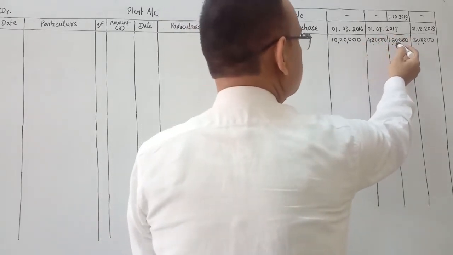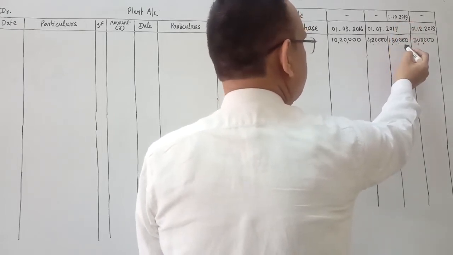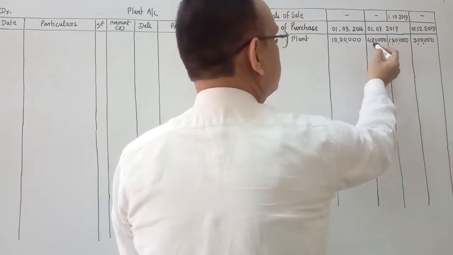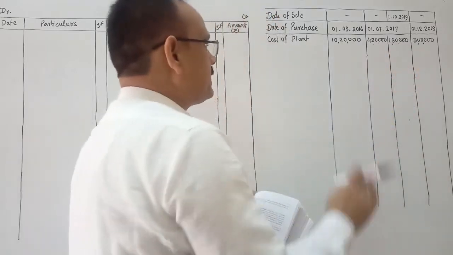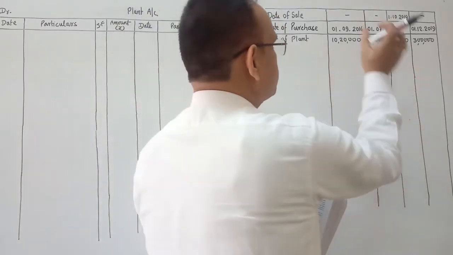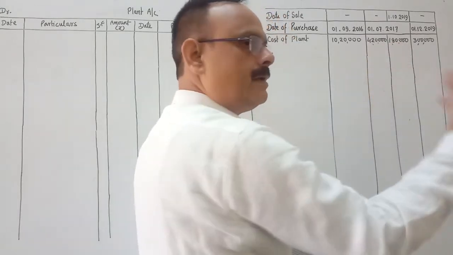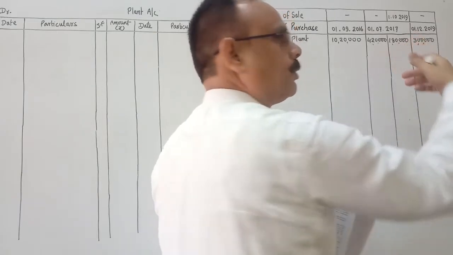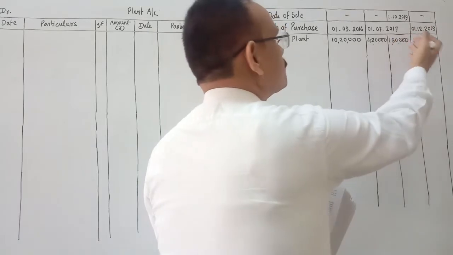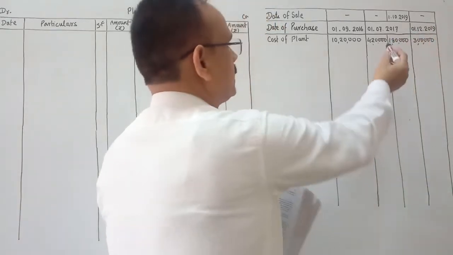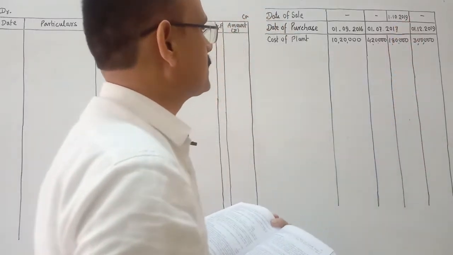The plant which is going to be sold on 1st October 2019, I did separately, and the rest of the plant I have written on this side, 4,20,000. 4,20,000 plus 1,80,000 is 6 lakhs. One part is not sold and this part is sold.